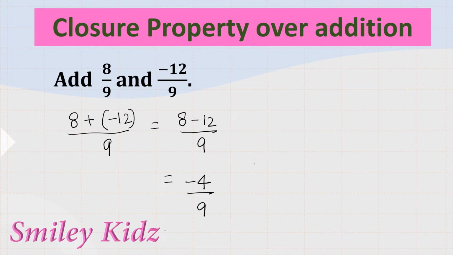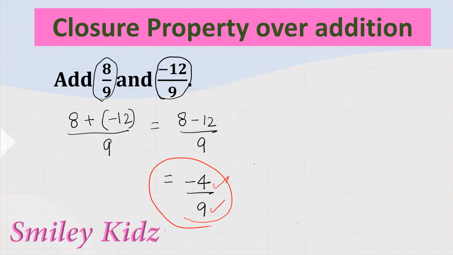So, when we add 8 by 9 and minus 12 by 9, we got the result as minus 4 by 9. So, is minus 4 by 9 a rational number? Yes, it is a rational number because it is in the form of p by q, where p and q are integers and q is not equal to 0.